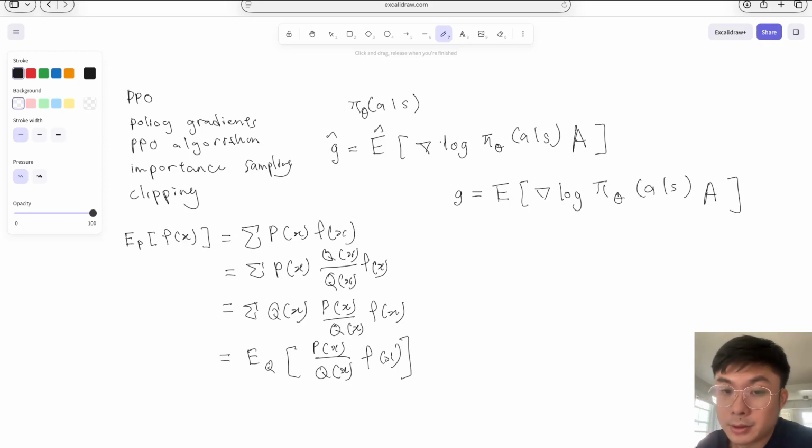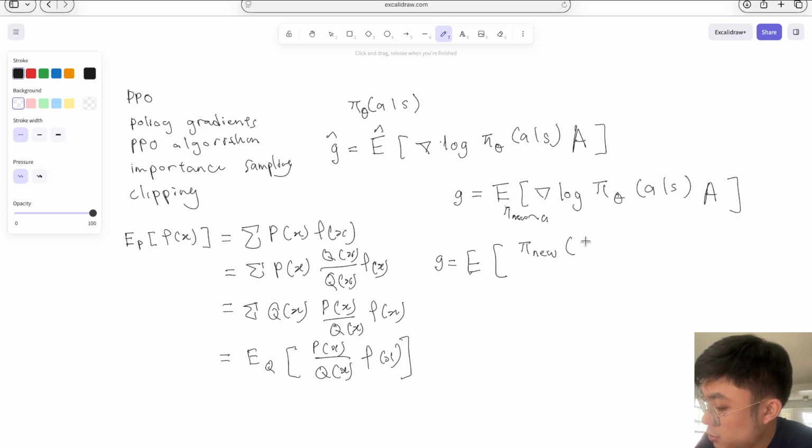But currently these trajectories are sampled based on the old policy, whereas we want it based on the new policy. So now we have to add the importance sampling term. So this would be pi new over pi old.